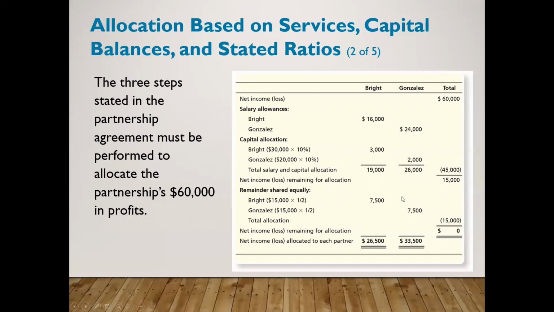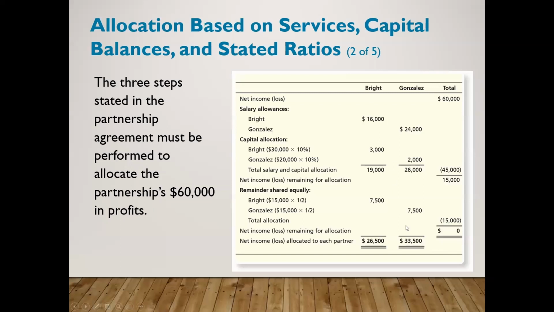The $15,000, half of it is $7,500. So in this case, $26,500 is allocated to Bright, and $33,500 is allocated to Gonzalez.